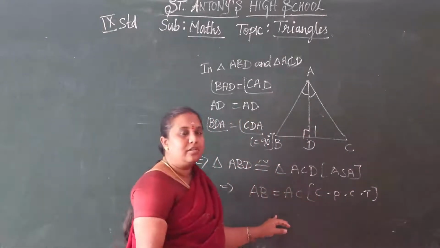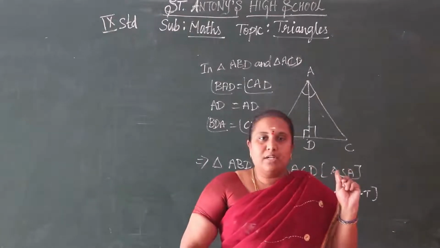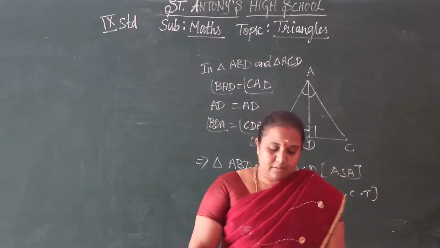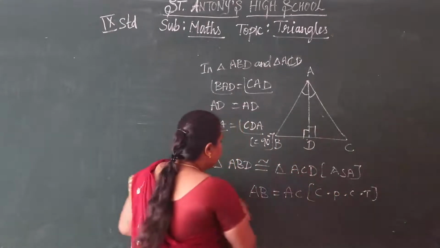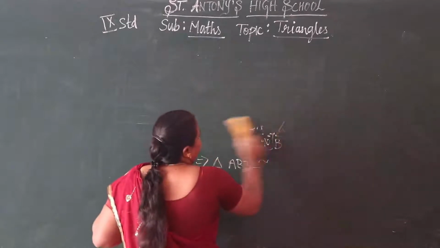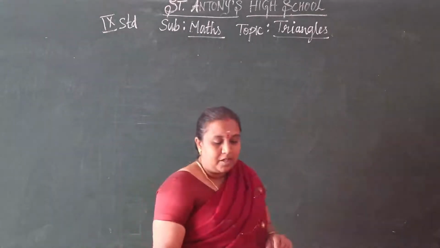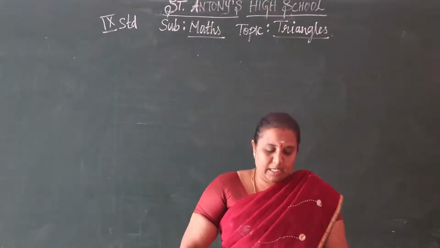Okay, understood, children? Next we move on to example 5. Are you understood, children? Then what is example 5? Here also it is given, based on the congruence rule. See, E and F are respectively the midpoints of the equal sides.